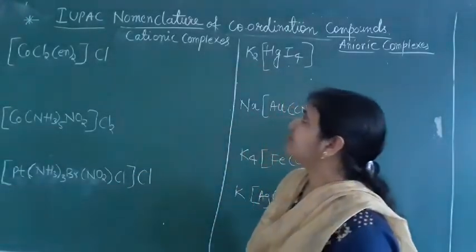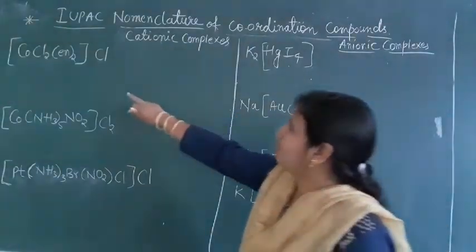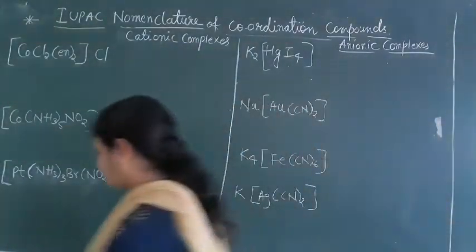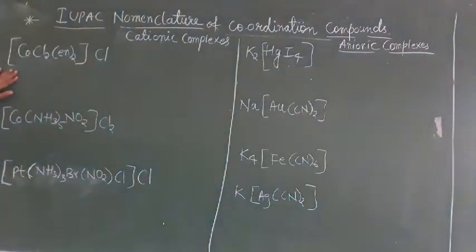So see here the names. Here these are cationic complexes and these are anionic complexes. How to name? Just see here. Here we have [CoCl2(en)2], which we have just written. So how will we write it? These are ligands, and in ligands you have to write alphabetical order. This is chlorido and this is ethane-1,2-diamine. So first we write chlorido. How many are there? 2 here, so let's write dichlorido.